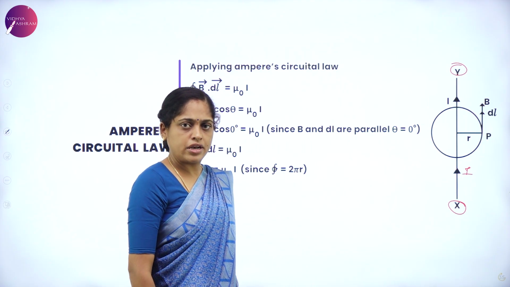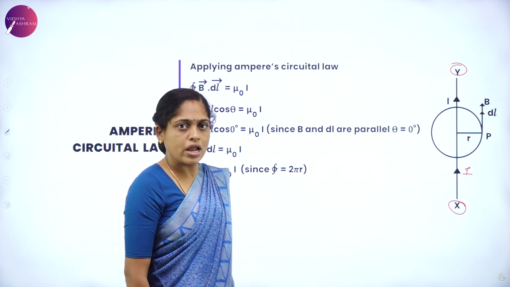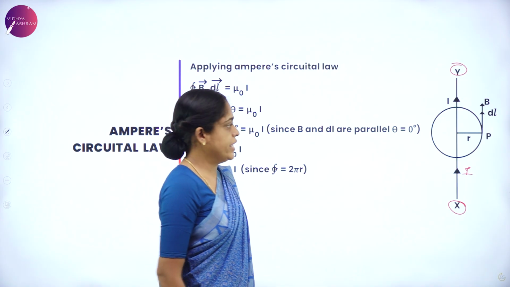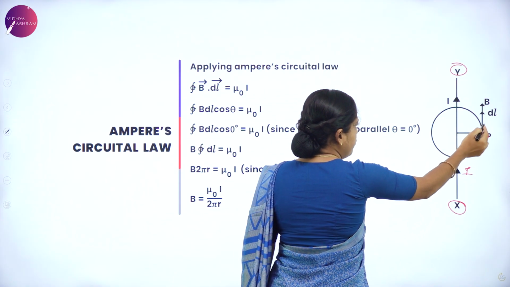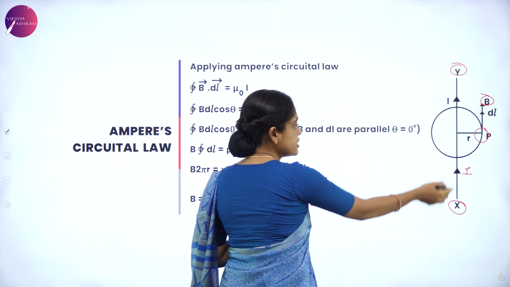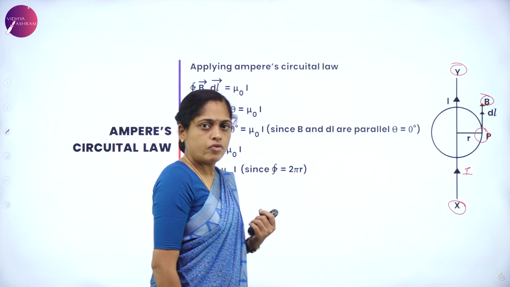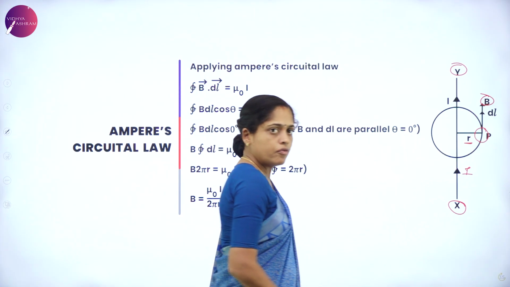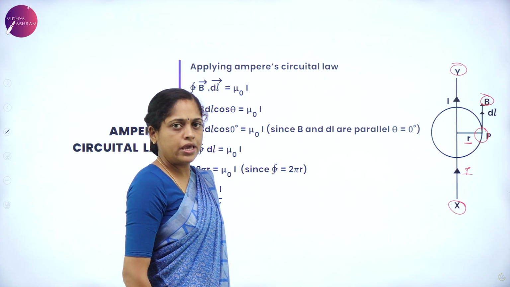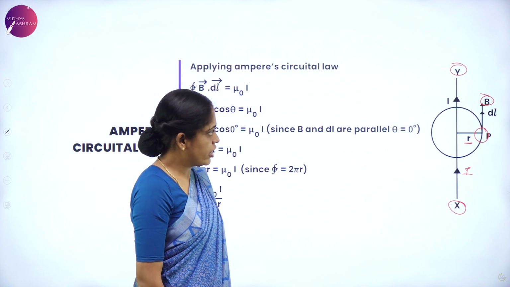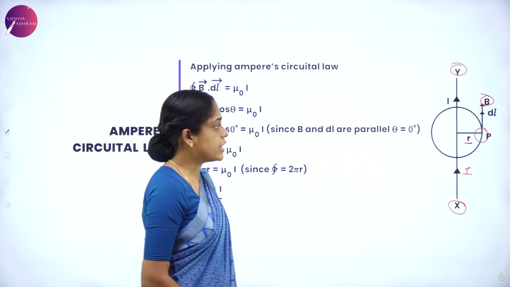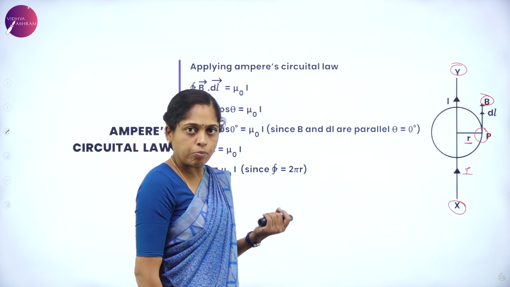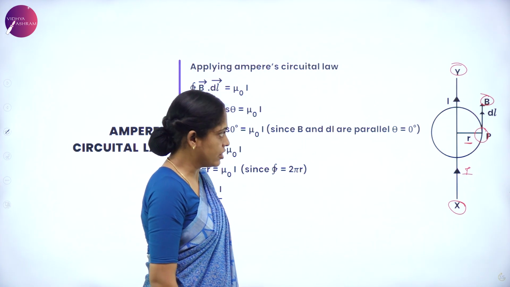So here the magnetic field is in a circular path. Let us find out the magnetic field strength at point P due to this current carrying wire, where point P lies at a distance r from the wire. At point P, the direction of the magnetic field is given by drawing the tangent to that point. The tangent drawn to that point gives the direction of the magnetic field.